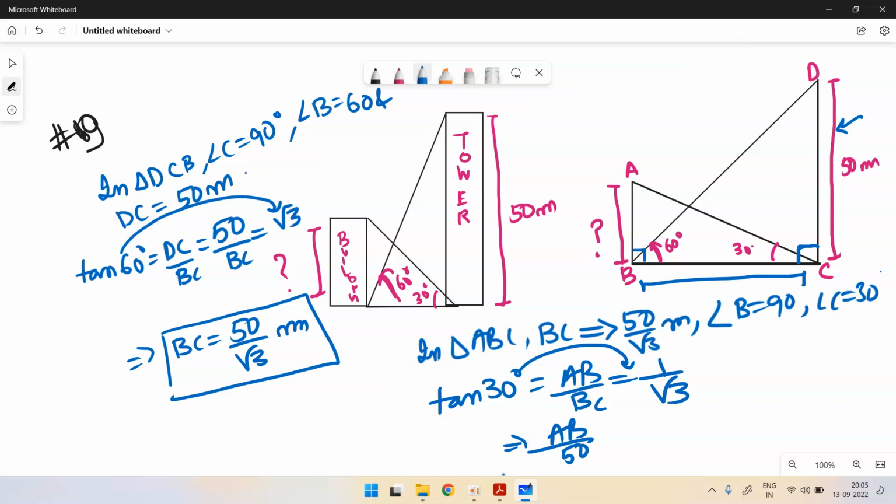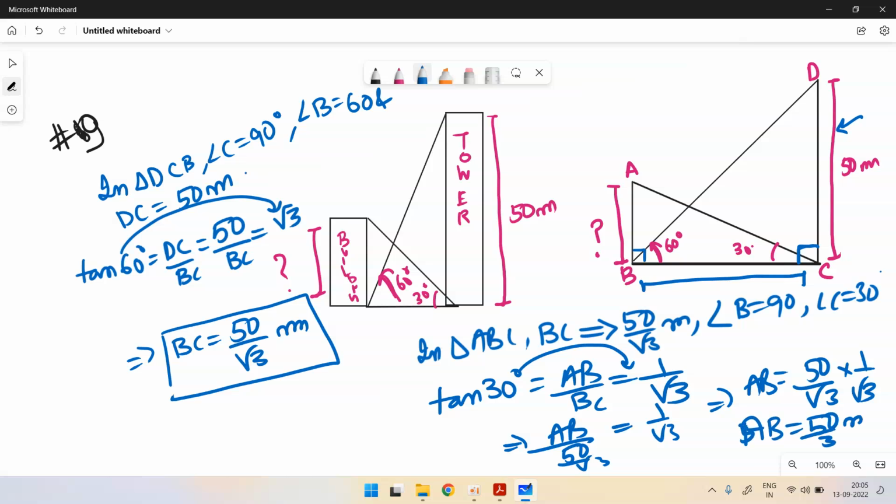BC is 50 by root 3, which implies that AB equals 50 by root 3 into 1 by root 3. Implies that this AB is nothing but 50 by 3 meters.